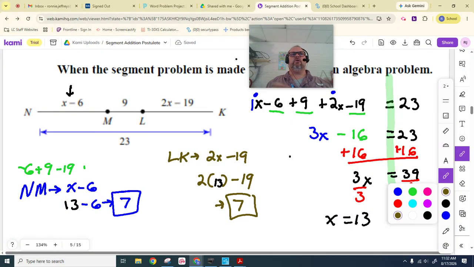Now, again, what's the main concept that I want y'all to get today? Setting it up. You have to know how to set it up before you can solve it. Now, are these problems probably a little bit more intensive than you thought they would be for a first day one? Yeah, but that's why we have tomorrow.